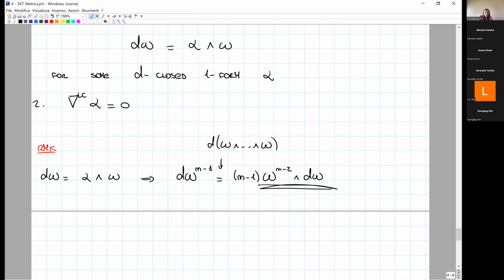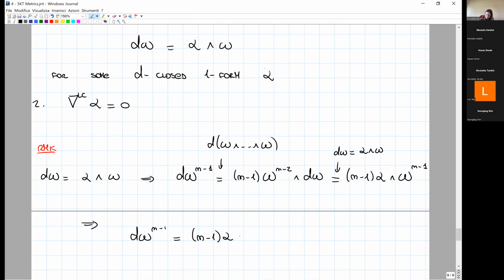Omega is a 2-form, so you get exactly this, you apply the Leibniz rule. But then d omega is just alpha wedge omega, and so this is (n-1) alpha wedge omega^(n-1). So we have d omega^(n-1) equal to (n-1) alpha wedge omega^(n-1).